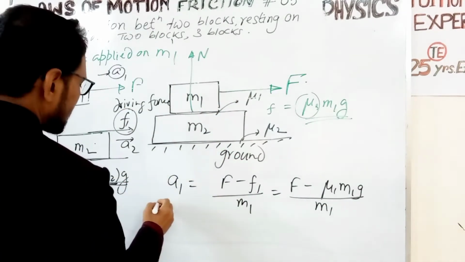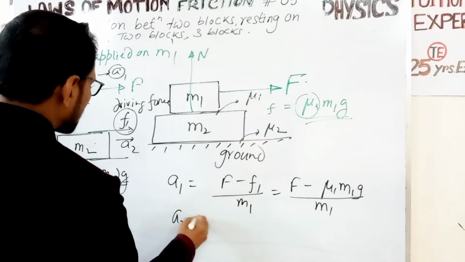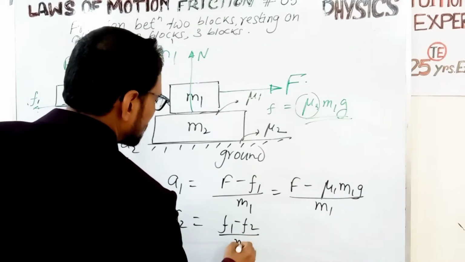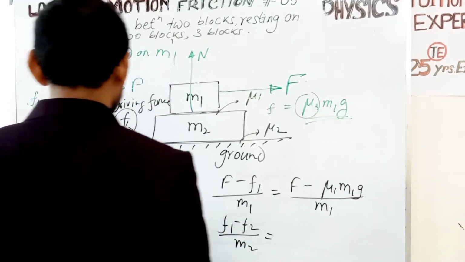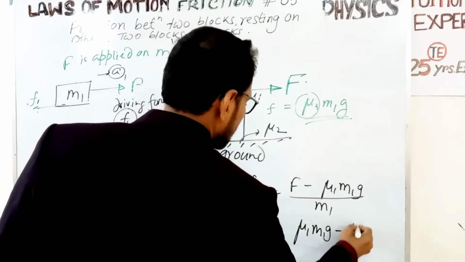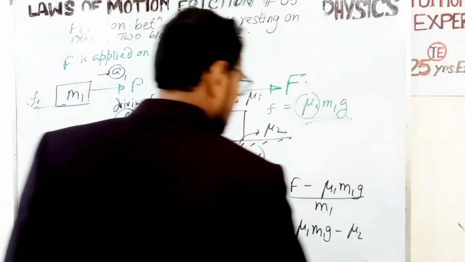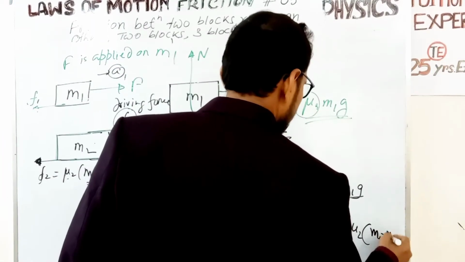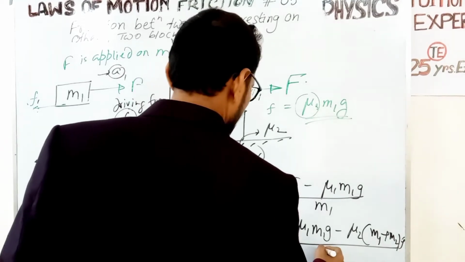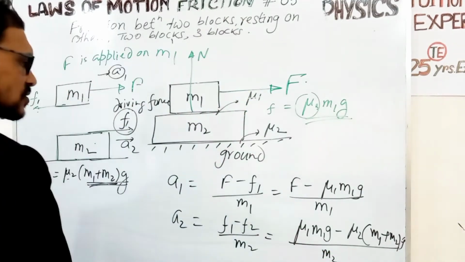Now if F1 is greater than F2, what is the acceleration a2? a2 equals (F1 minus F2) by m2, where F1 equals mu1 m1g, minus mu2 (m1 plus m2)g, divided by the mass of block m2. So this is the case.